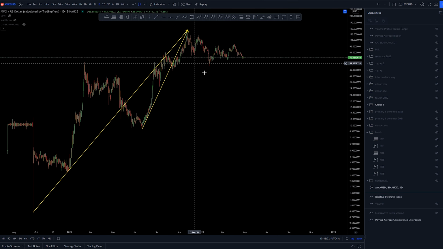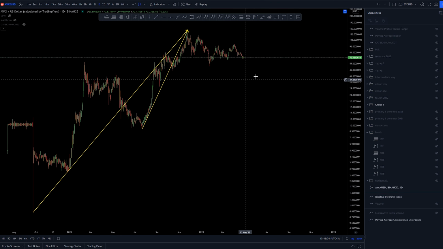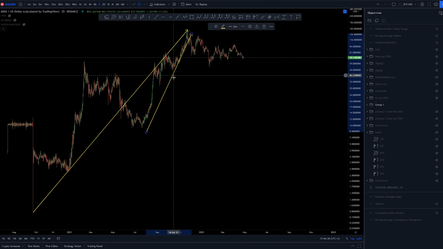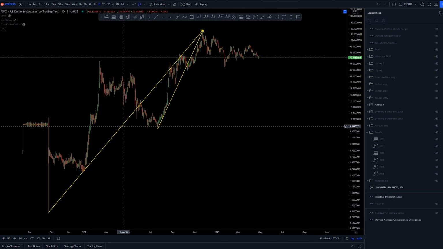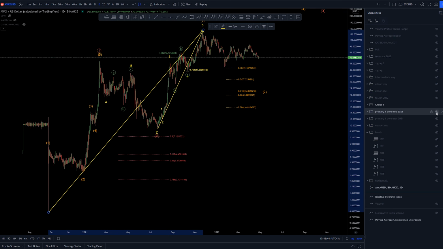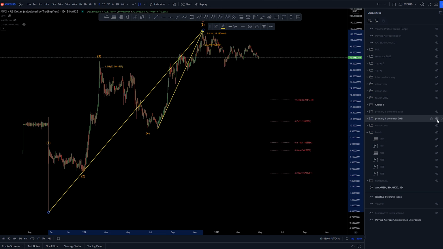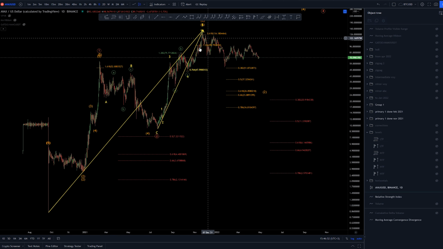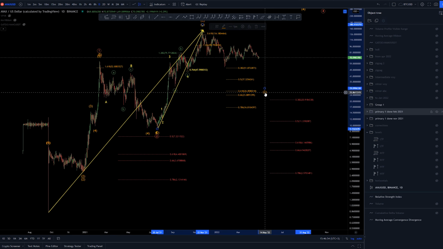We have to be considering what this is correcting. Is this correcting this leg here or this larger leg? And these are both represented on these two different counts. Are we expecting a larger correction or the shorter correction here for this intermediate wave 2?